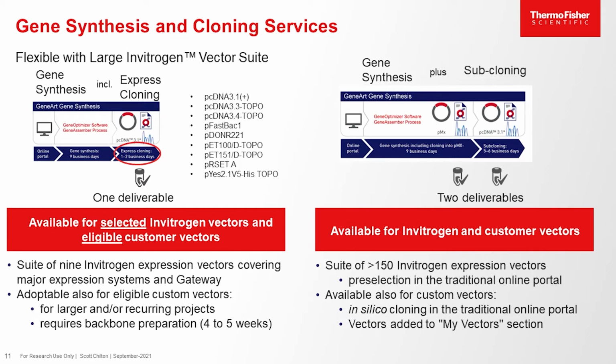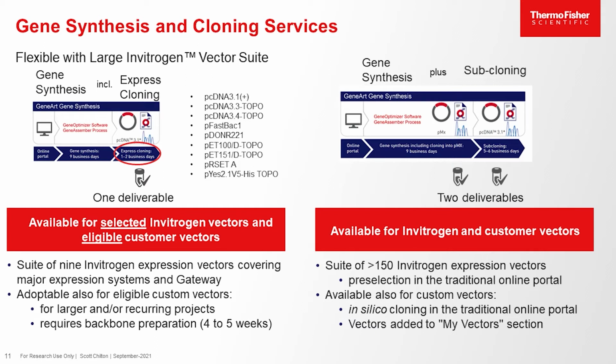And this system is also adaptable. So if you are in need of a fast turnaround system and you have a vector that you use very frequently, we can actually onboard your vector into this express cloning process.